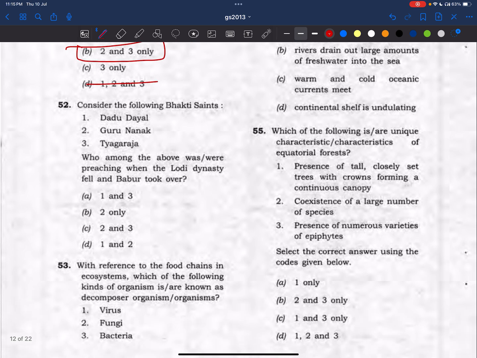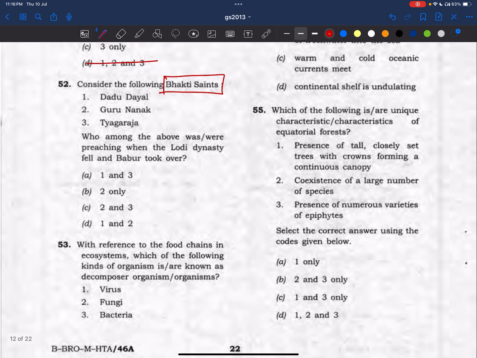Now, the 52nd question. Consider the following Bhakti saints. Definitely Bhakti movement and Sufism are among the most favorite topics of UPSC, right? Now, see here: Dadu Dayal, Guru Nanak, Tyagaraja. Who among the above were preaching when the Lodi dynasty fell and Babur took over? That is in 1526.